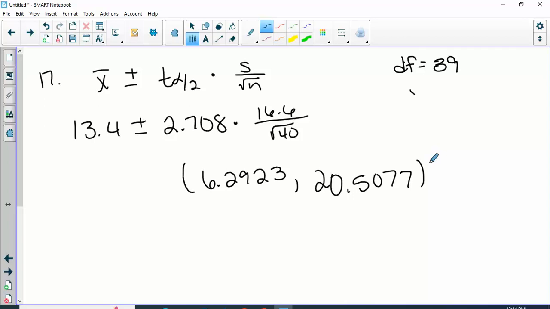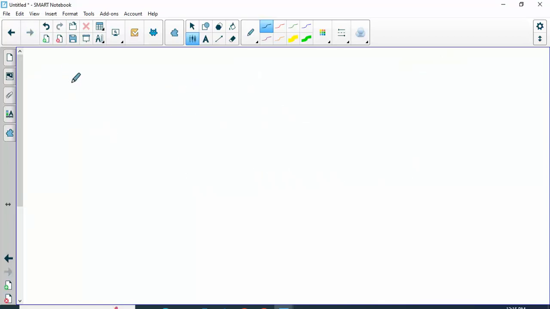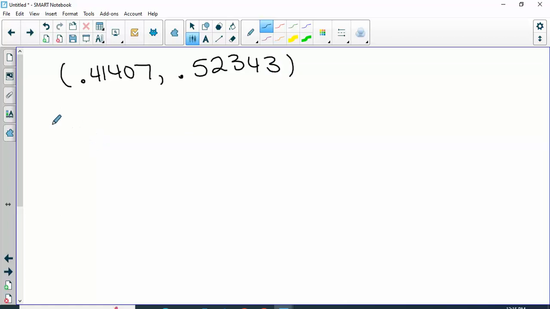Okay. Are there any that we did not go over that you would like to? A confidence interval. So let's say this is a confidence interval for P hat, and my sample size was 320.